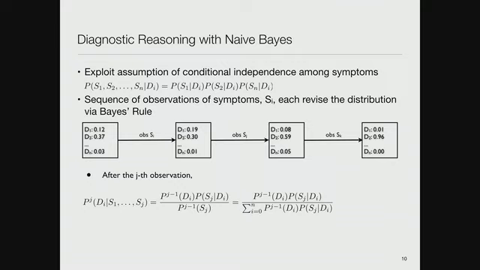So let's say disease 2 has 37% prevalence and disease 1 has 12%, et cetera. And now I make some observation, I apply Bayes' rule, and I revise my probability distribution. So this is the equivalent of finding a smaller population of patients who have all had whatever answer I got for symptom 1. And then I just keep doing that.